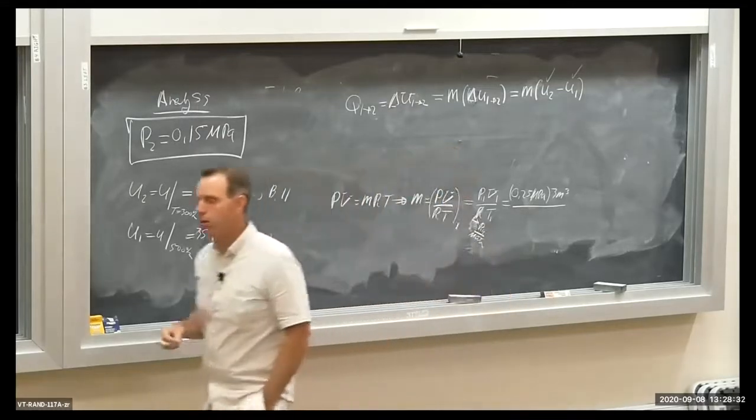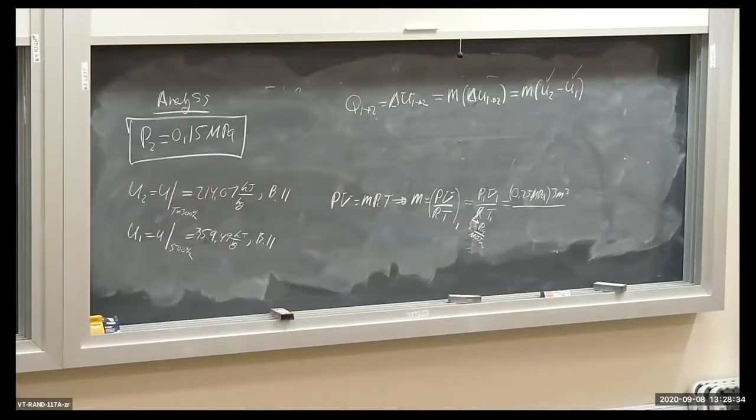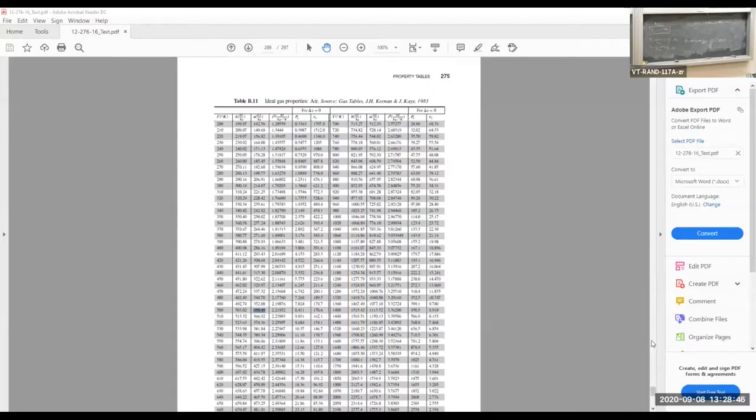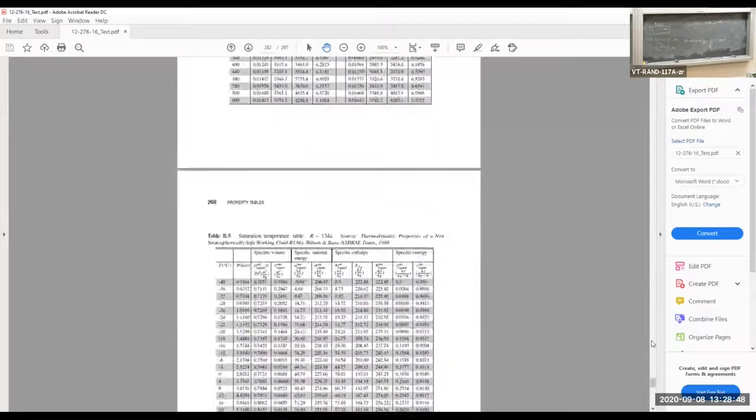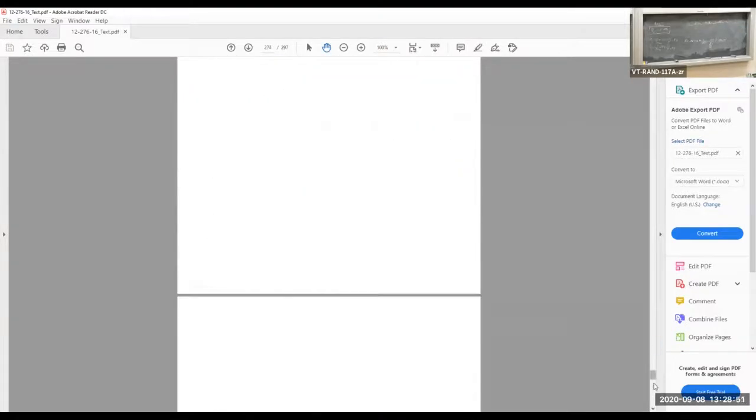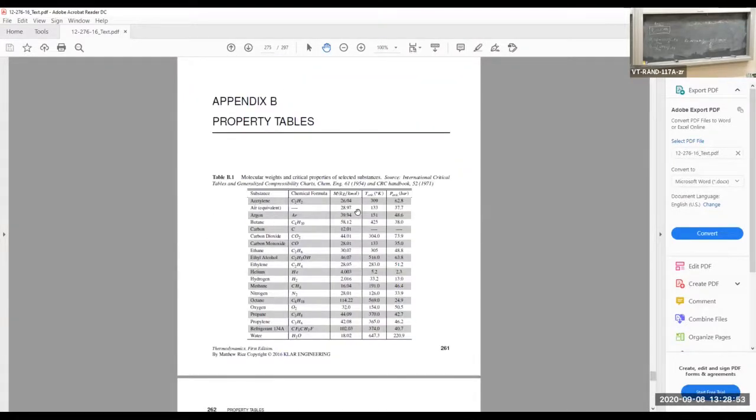So let's look at that. The gas constant is 8.314 kilojoules per kilomole degree Kelvin. And the molecular weight for air, let's look that up again. There we go. Air, 28.97 kilograms per kilomole.